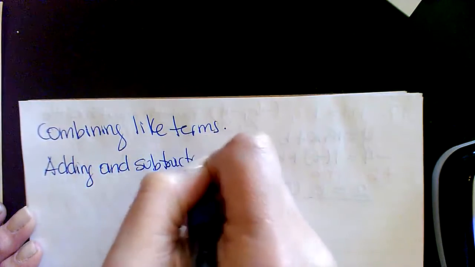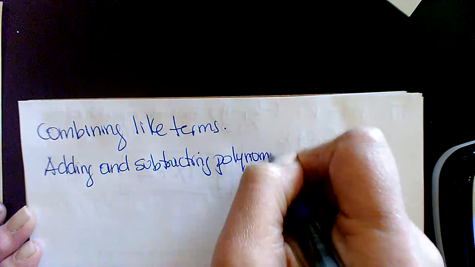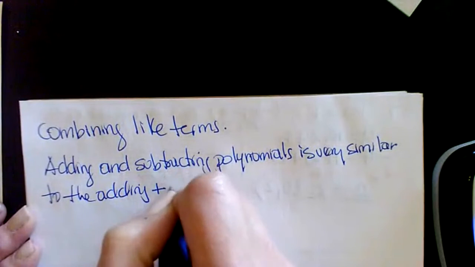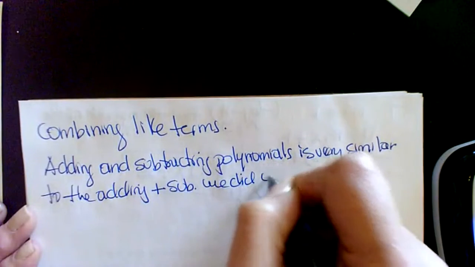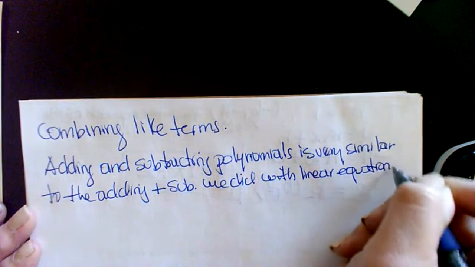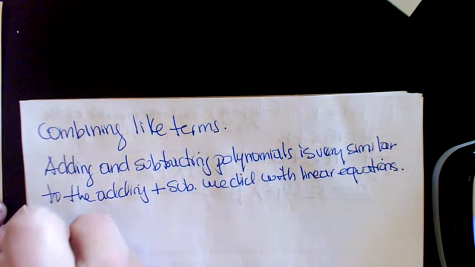So adding and subtracting polynomials is very similar to the adding and subtracting we did with linear equations. Okay? You only combine the terms that look alike.